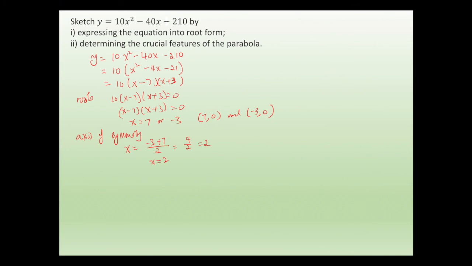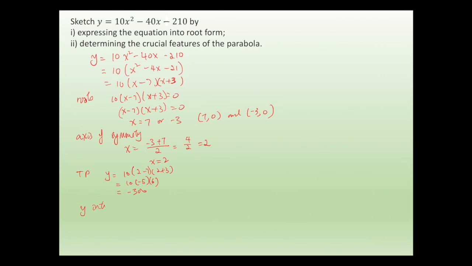So x = 2 is the axis of symmetry. Now, for the turning point, y = 10(2 − 7)(2 + 3). 2 − 7 is −5, 2 + 3 is 5. So therefore it is −250.